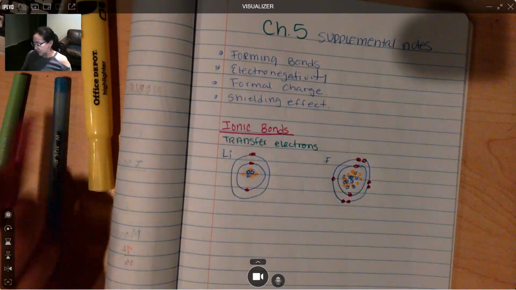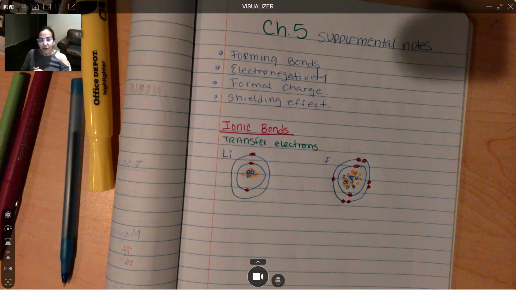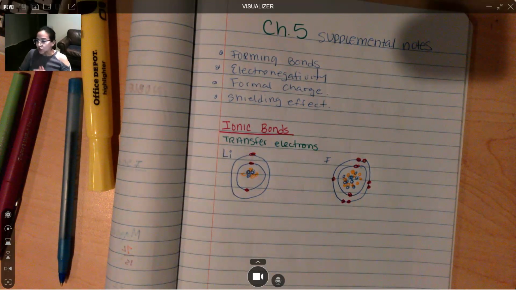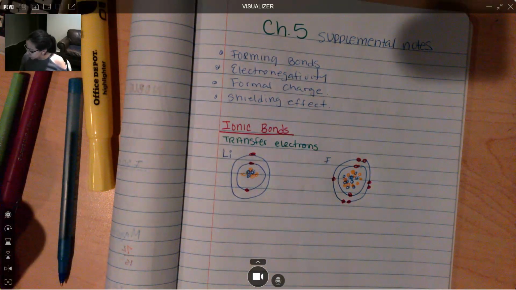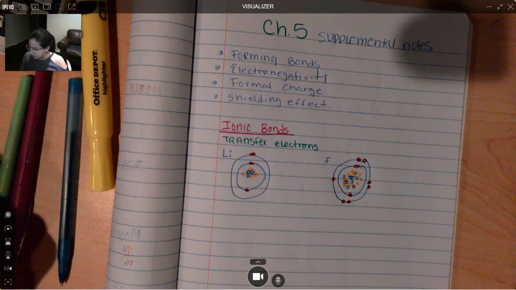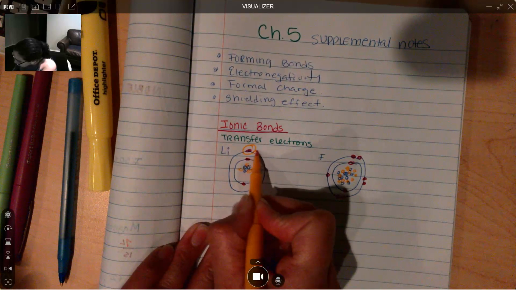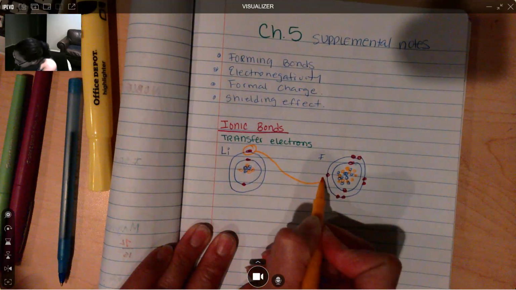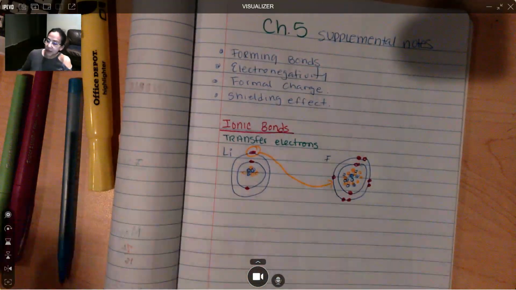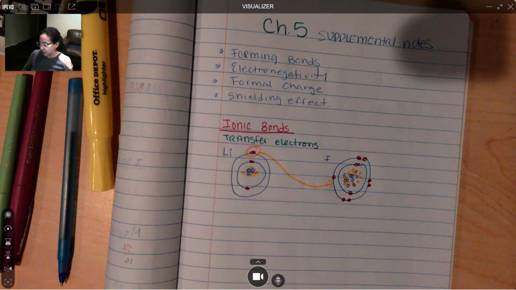All right, so what's going to happen here is that our metals transfer the electrons to the non-metals, okay? And they're going to then combine together after that is done through electrostatic force. So let's show this. This electron here is going to leave lithium and attach to fluorine.